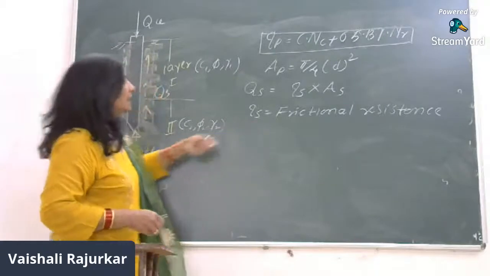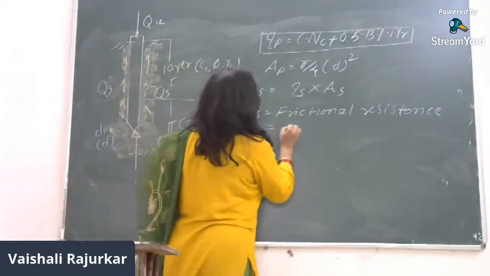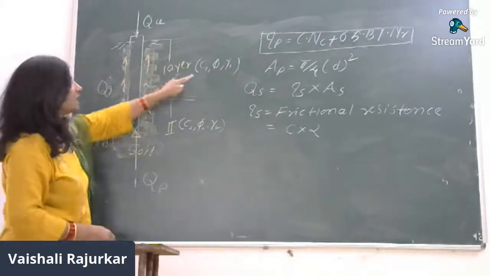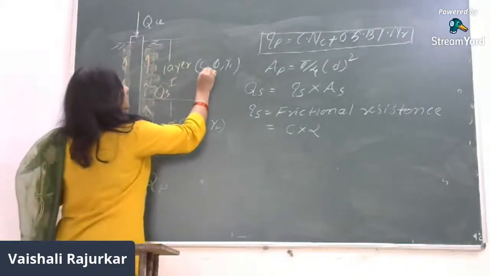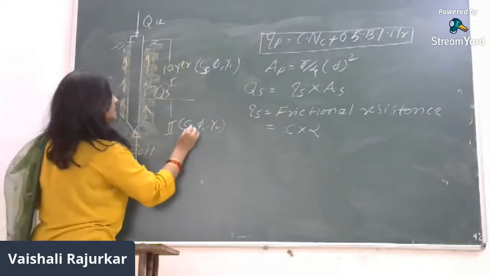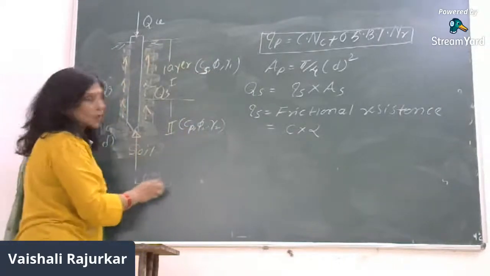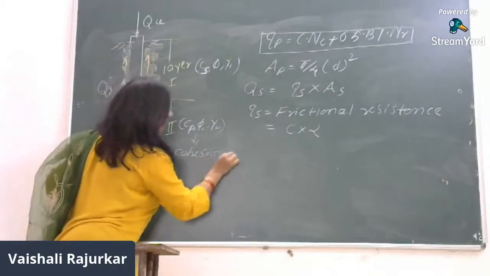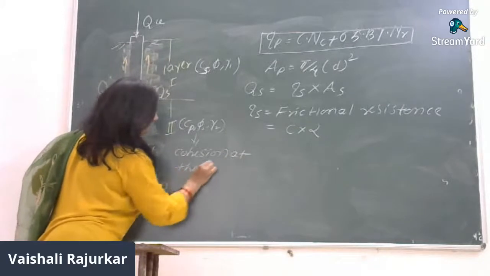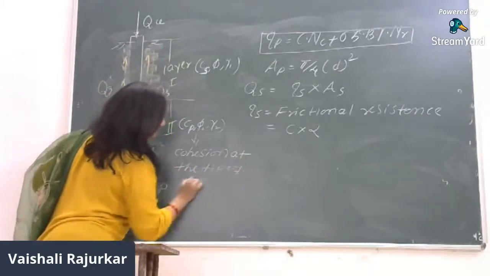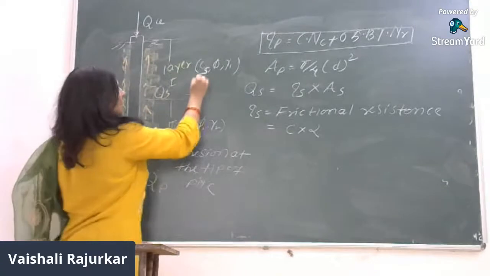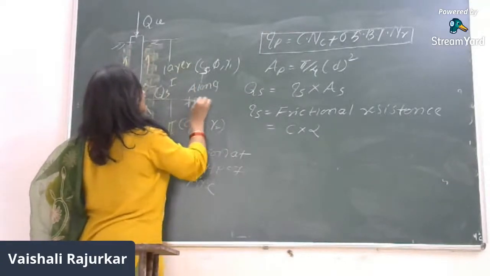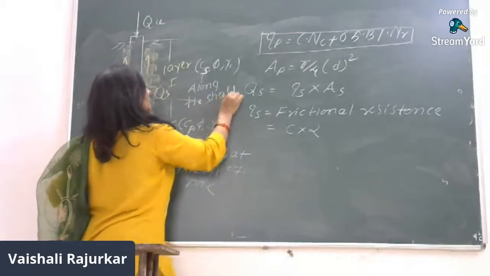Right? And then here we can consider this is c into alpha. So with c you will take into consideration, here you can consider this is Cs and this is Cp. Cp is the cohesion at the tip of the pipe, and Cs is along the shaft.